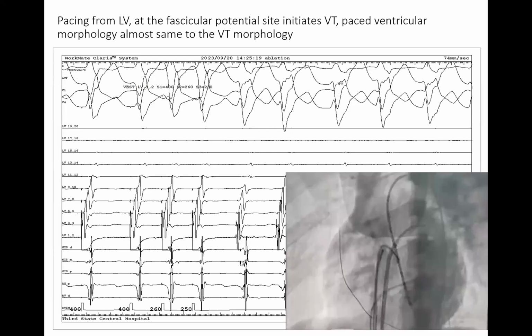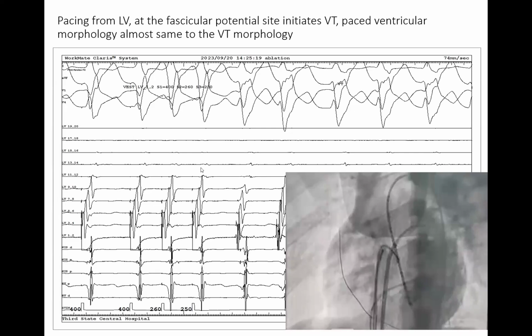Here is the His, and here is the V. Our fascicular potential is much earlier than the His potential. This is a very unique EGM morphology during fascicular VT, and I think this is important.